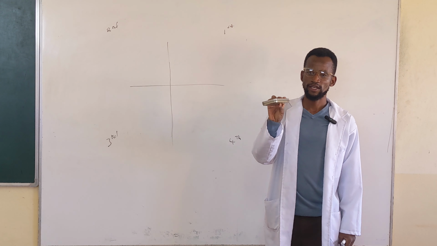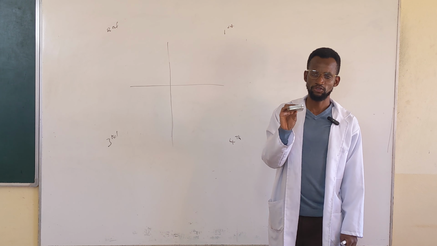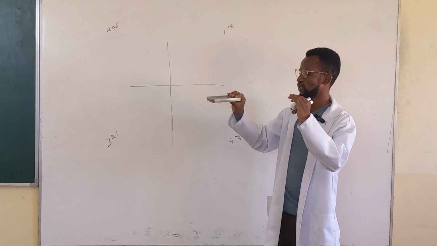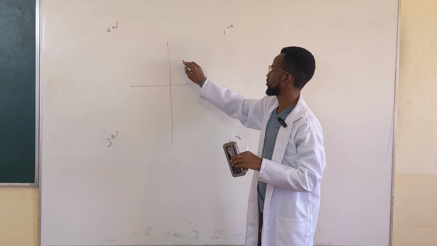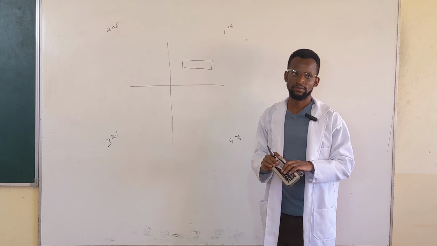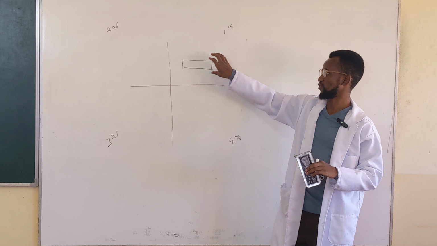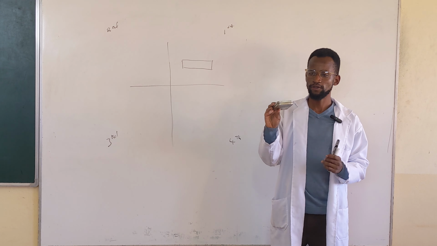And then we say, can you give us the front view, or show us where the front view will be. When you look at the object from this side, the front view will be projected on this plane that will be here. The front view will appear there, on this plane. And then how about the side view?